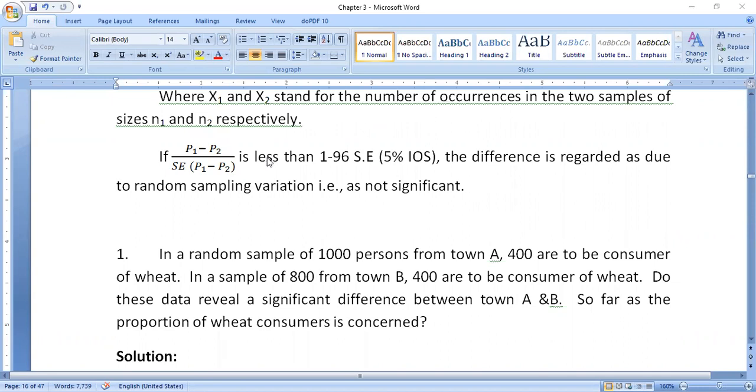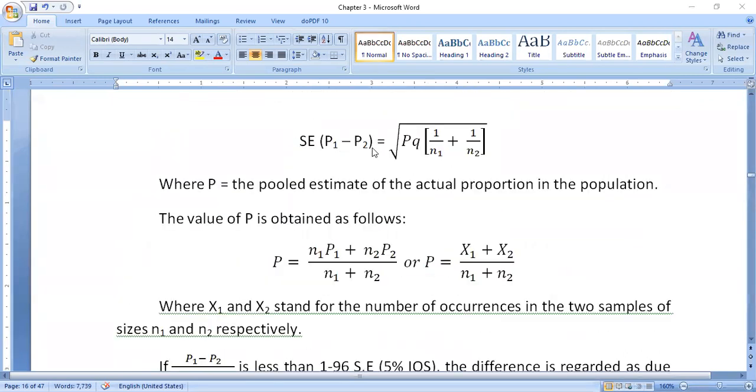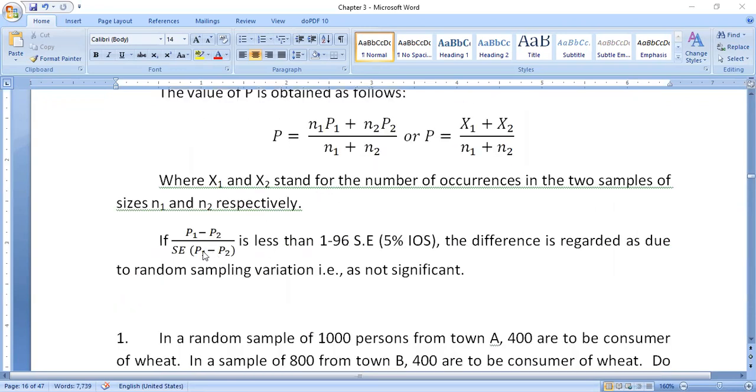After obtaining the p1 and p2 values, we place them in the numerator, divided by the standard error of p1 minus p2 as the denominator. If the calculated value is less than 1.96 at 5%, the difference is regarded as due to random sampling variation and is not significant. Yesterday we already saw that the critical values are 1.96 and 2.58.